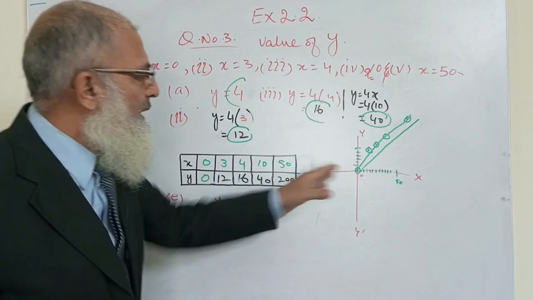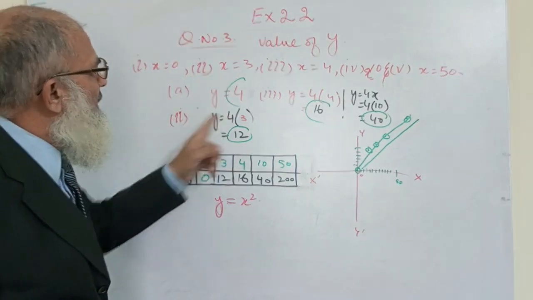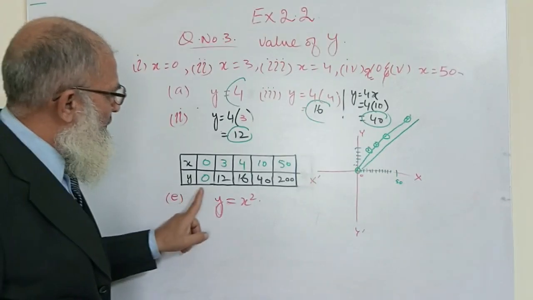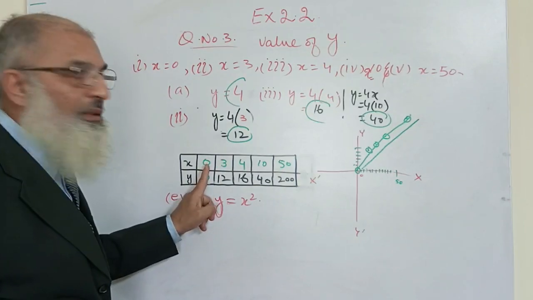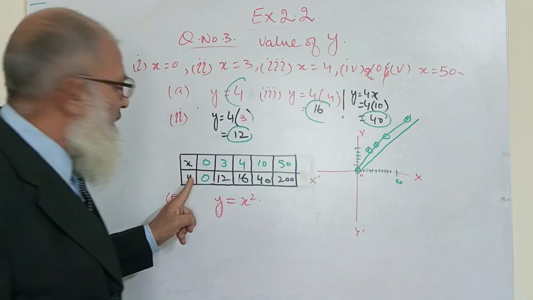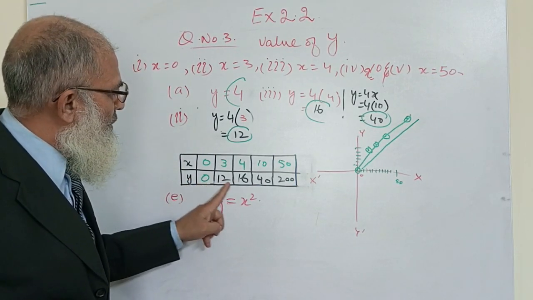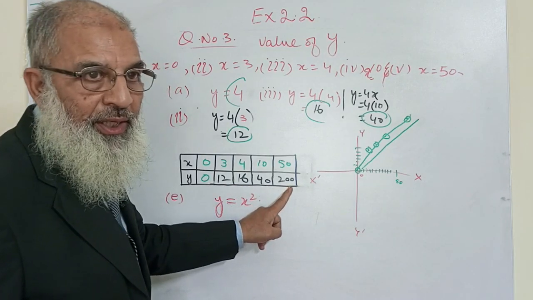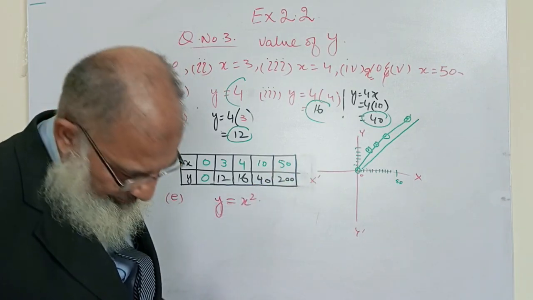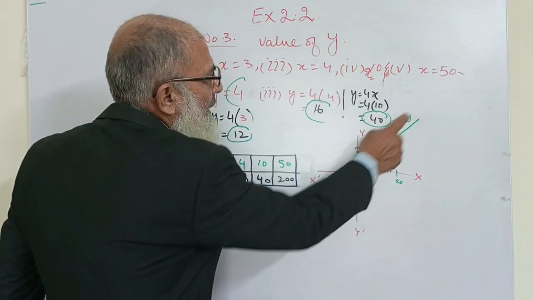notice how we came across the different values of x and corresponding values of y in the first example, and that was part A. Here we were given the values of x: 0, 3, 4, 10 and 50, and we found the values of corresponding y, that was 0, 12, 16, 40 and 200. And if we manipulate this in a simple linear graph, you know that here we got a point here, here, here and here.